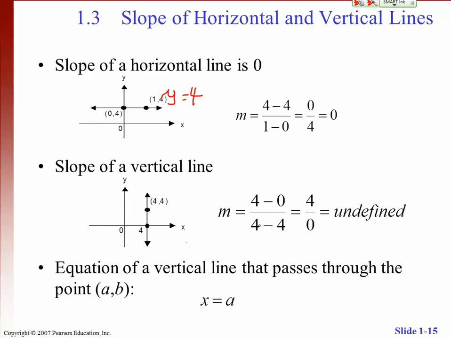If we have a vertical line, the slope is undefined because we're trying to divide by 0 here. It's just a vertical line where all the x's are the same. In this case, it would be x equals 4. So a vertical line going through 4, there's no slope, it's undefined.